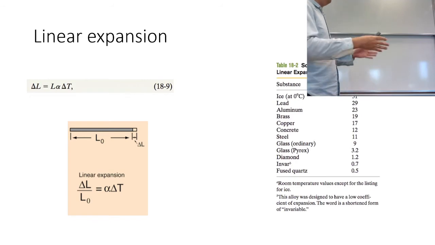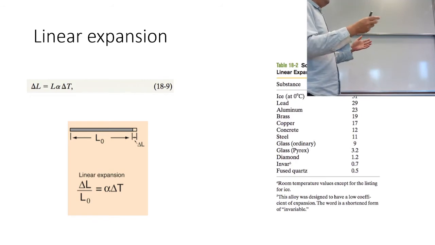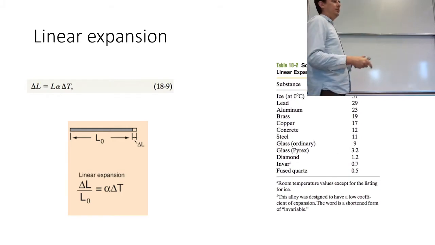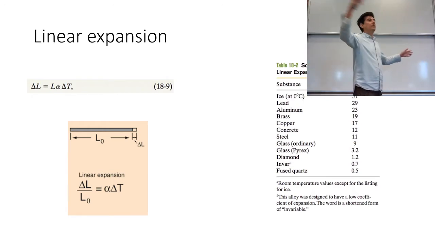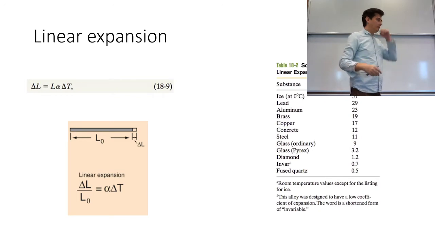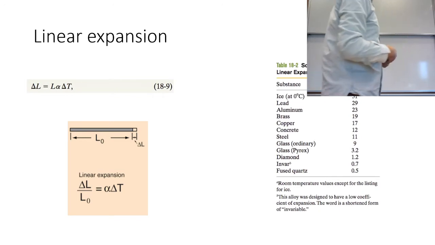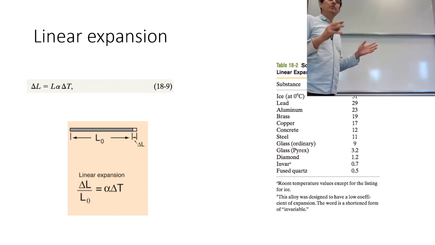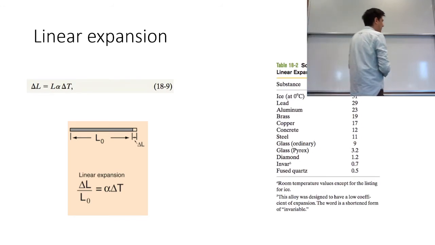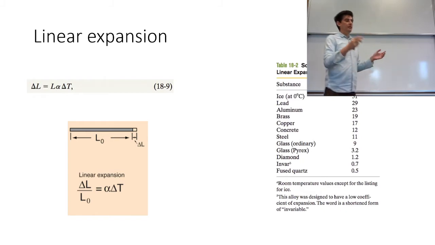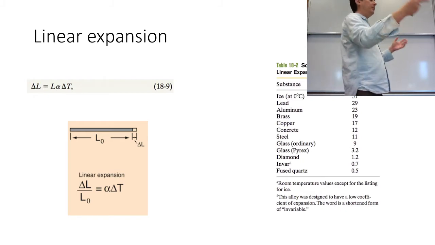If you heat it up by 1 degree, it'll expand by so much. If you heat it up by 2 degrees, it should expand basically twice as much. Of course, there's a limit to this. It doesn't keep on expanding forever and ever. But within a reasonable temperature range, materials generally behave like this. Each degree makes it expand by a certain amount more.